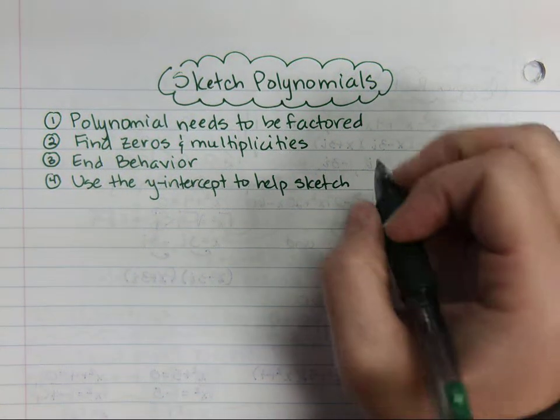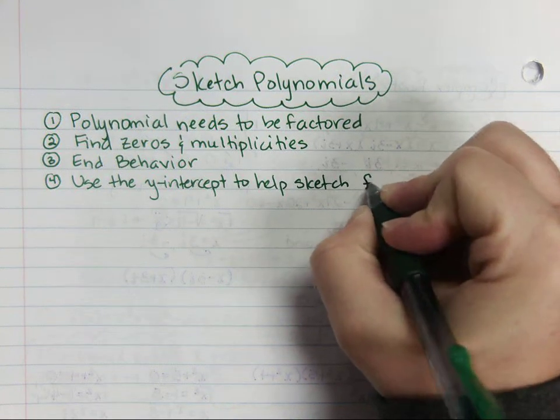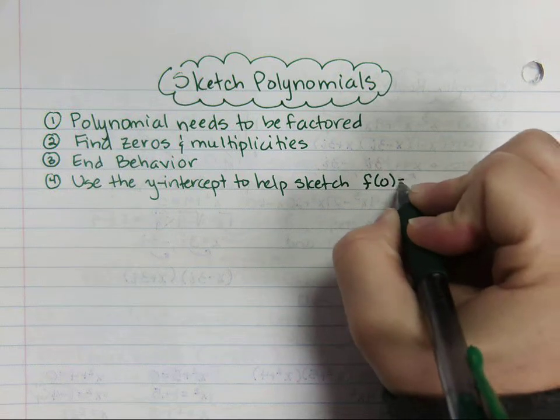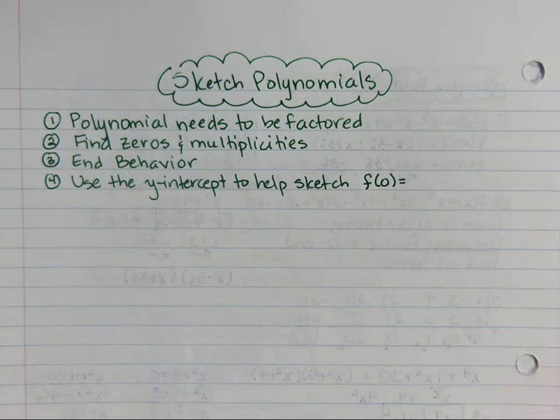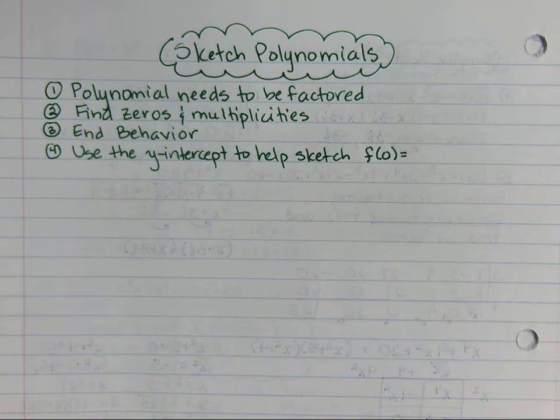And so we are going to be evaluating the polynomial. If it's called f, we're going to substitute in a 0 and find the value that it crosses along the y-axis. So first, we want to talk about end behavior.